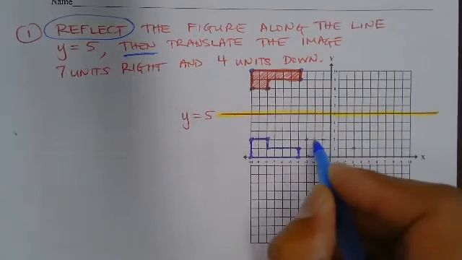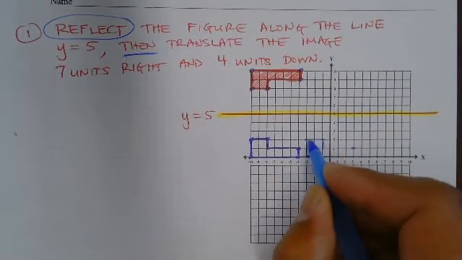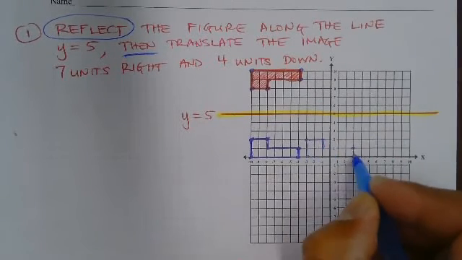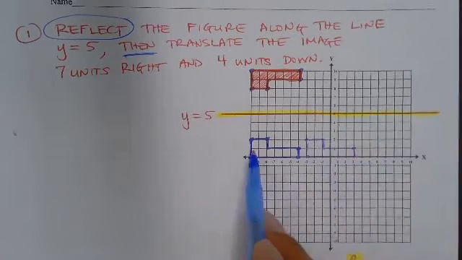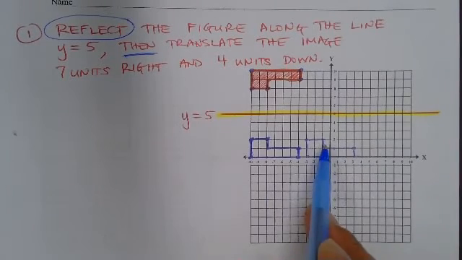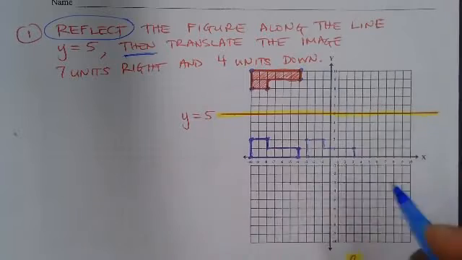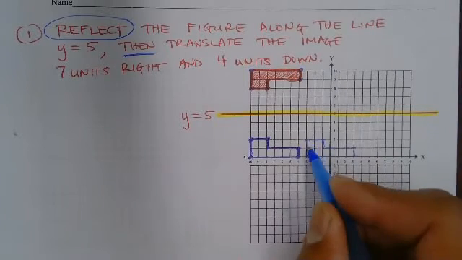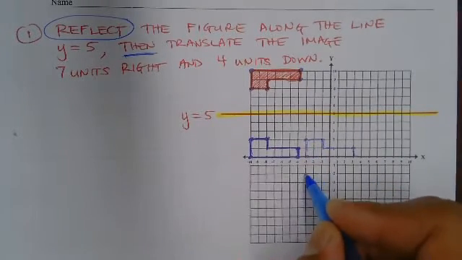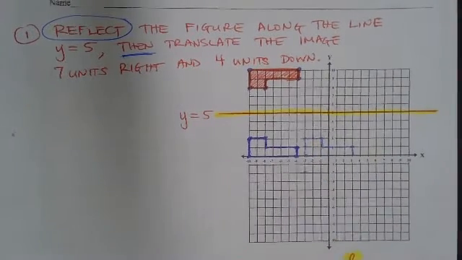And you don't really need to draw it here. I'll just show it really lightly. Like it's here, I moved it 7 to the right, but I still gotta drop all of these what? 4 units down. So from there, drop them 4 units down. 1, 2, 3, 4.